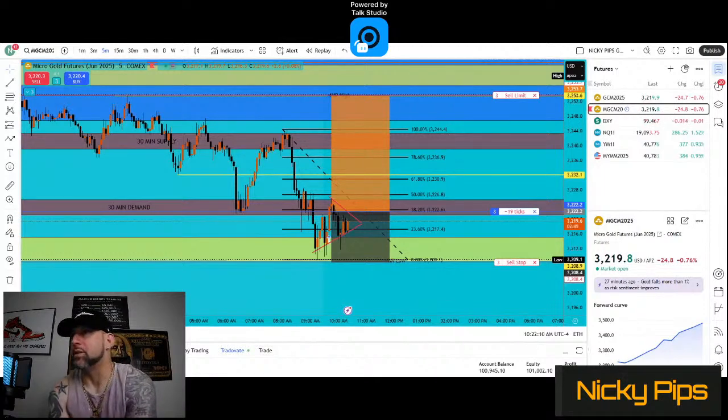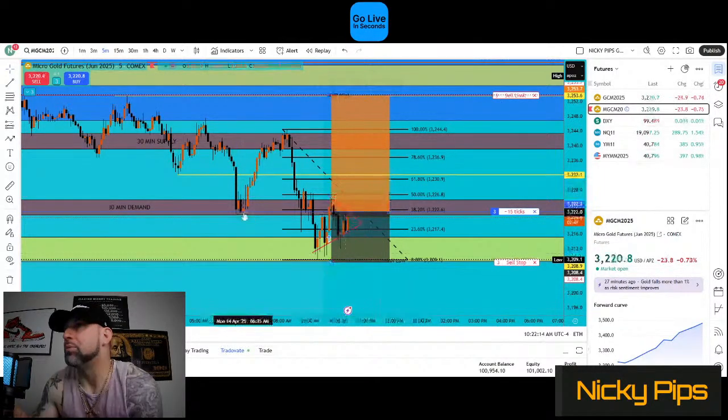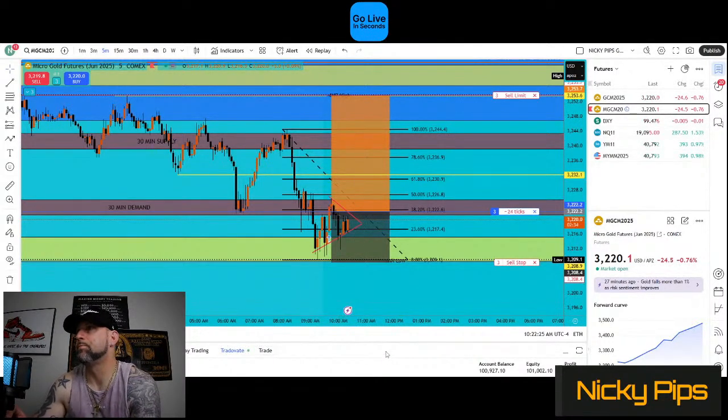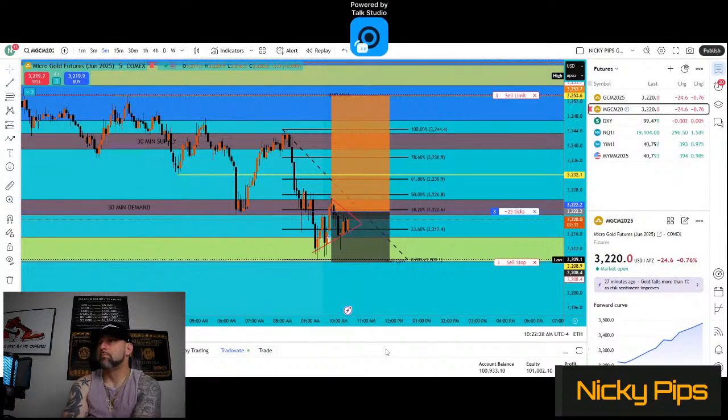I just need it to break above my previous support at 32.22. That's where I took my entry, which I have pretty good confidence it will.